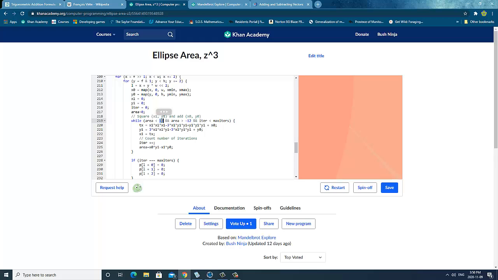It's 16 maybe. That looks better. Maybe not. Okay.